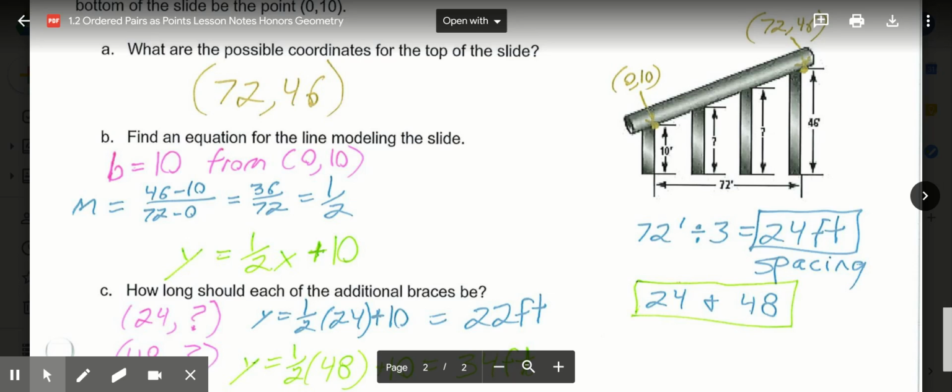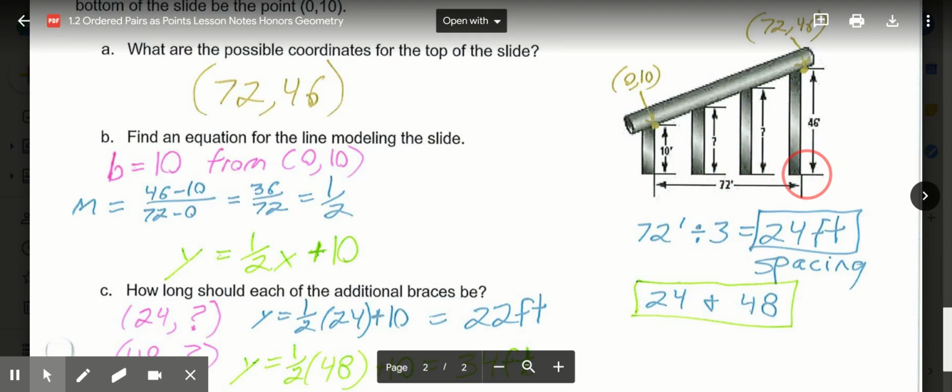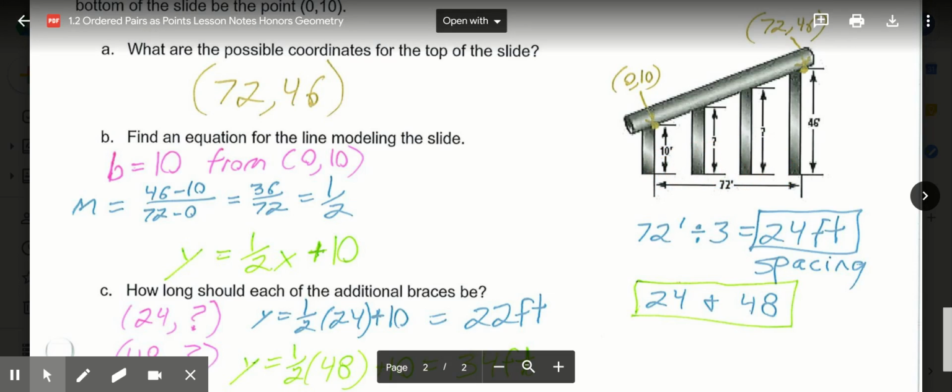In that 72 feet, we have 1, 2, 3 total openings. So what I can do is 72 divided by 3 means each one of these braces, to be equally spaced, should be 24 feet apart.